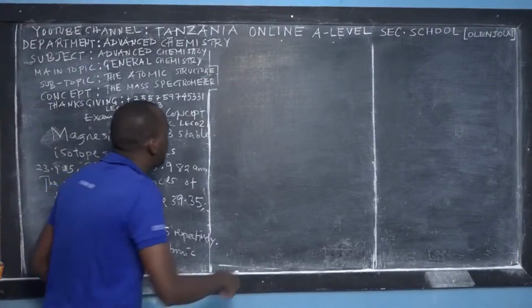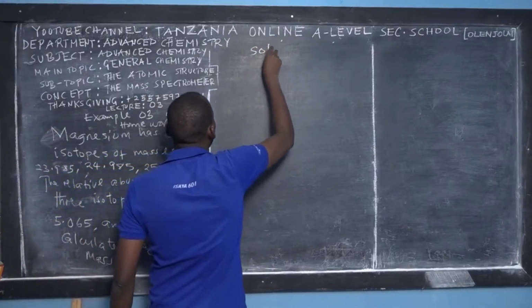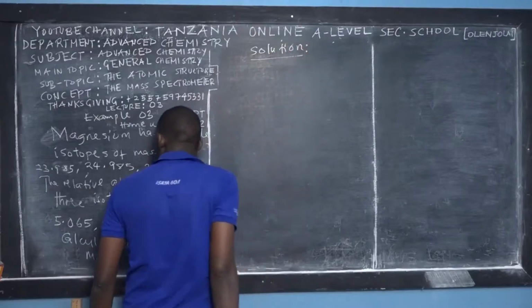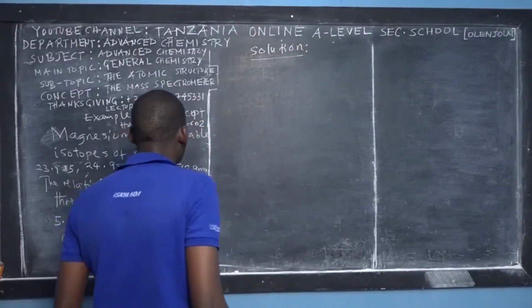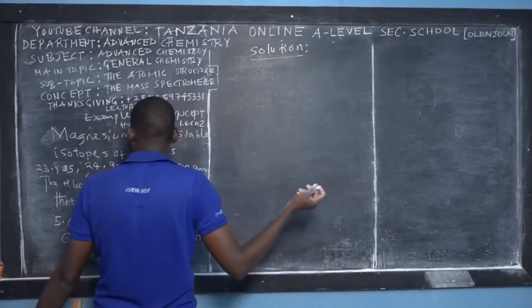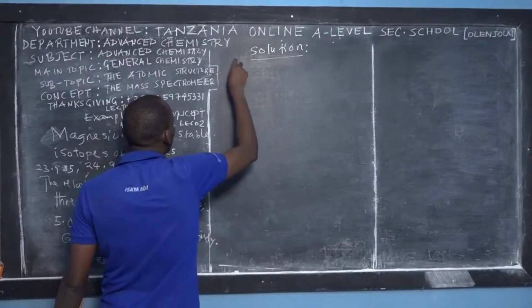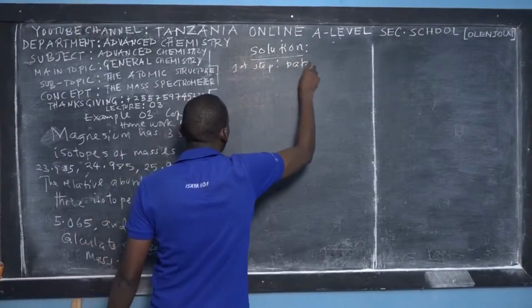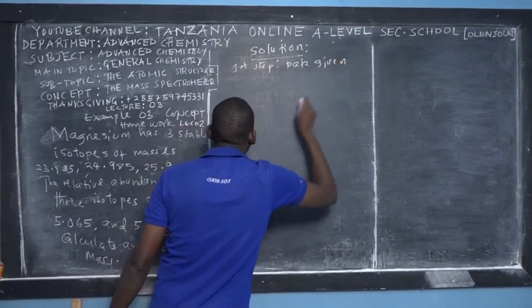I know it was a simple question, but let me help those who failed to solve it. The first step, you can list the data, the isotopic masses, what we have been given in this question.